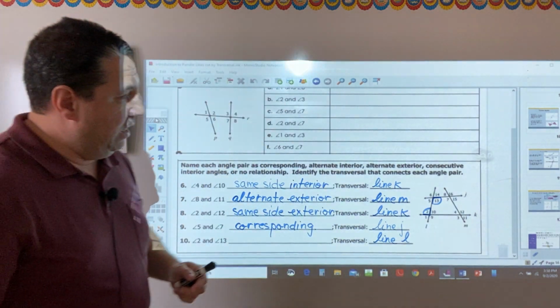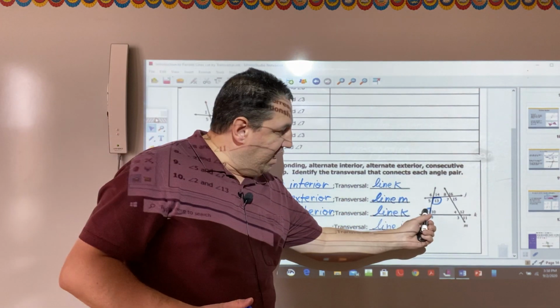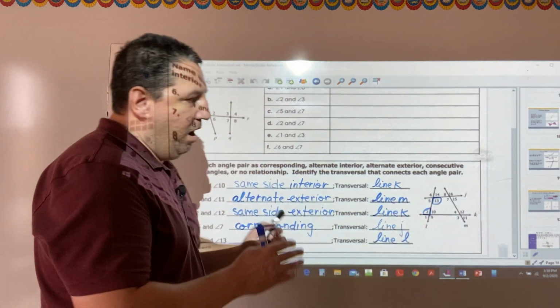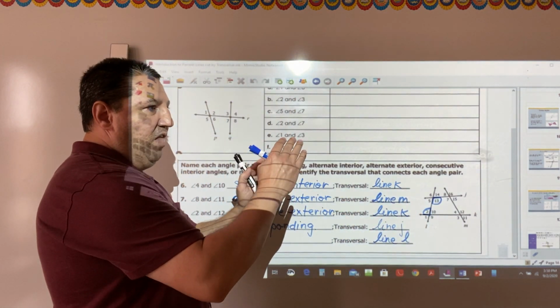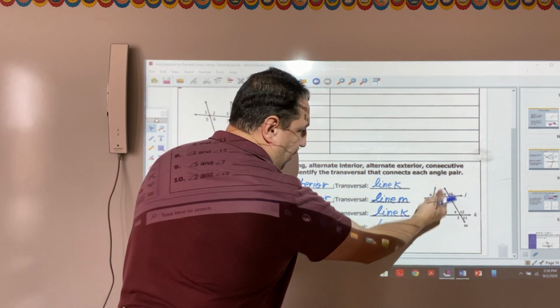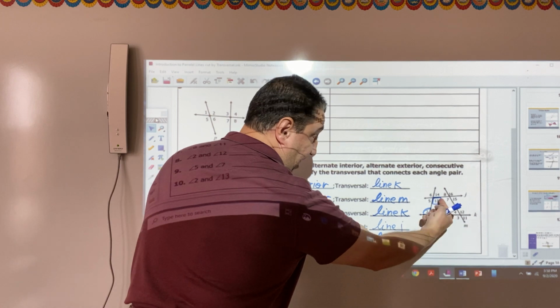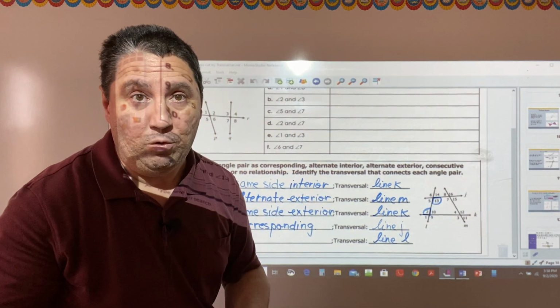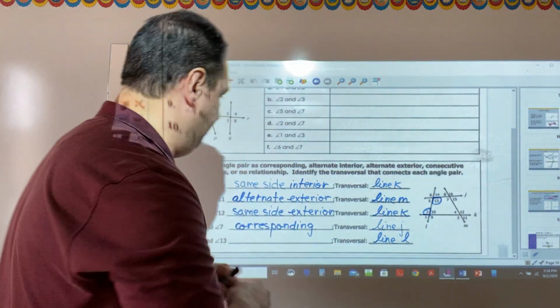Now, angles 2 and 13 are on opposite sides of the transversal. One of them is to the left of line L, the other one is to the right. So they are alternate.